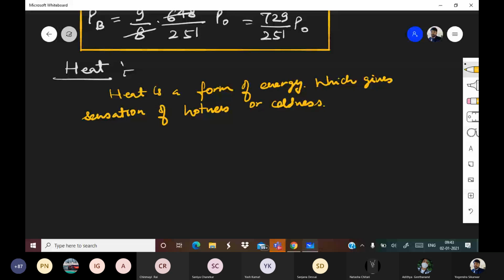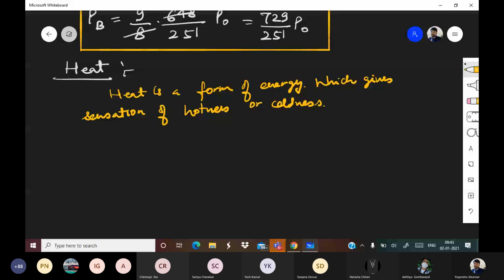Instead, if you are given a drink made of ice and water, you get the sensation of coldness. So what is happening? The substance you are touching is giving you the sensation of hotness or coldness.